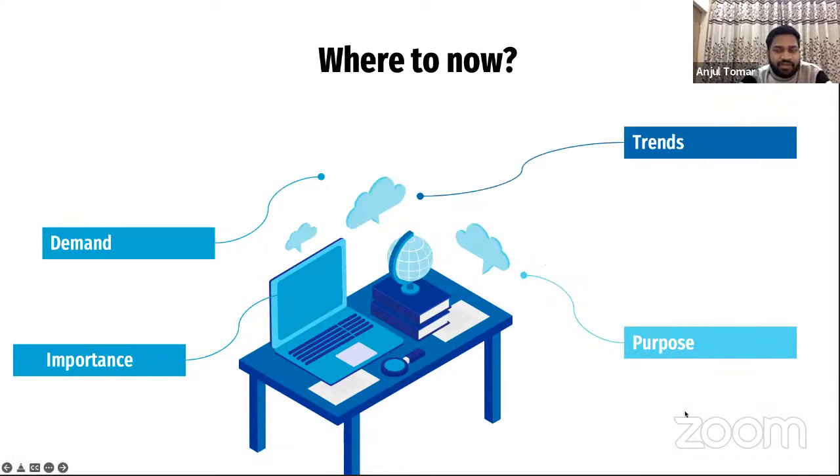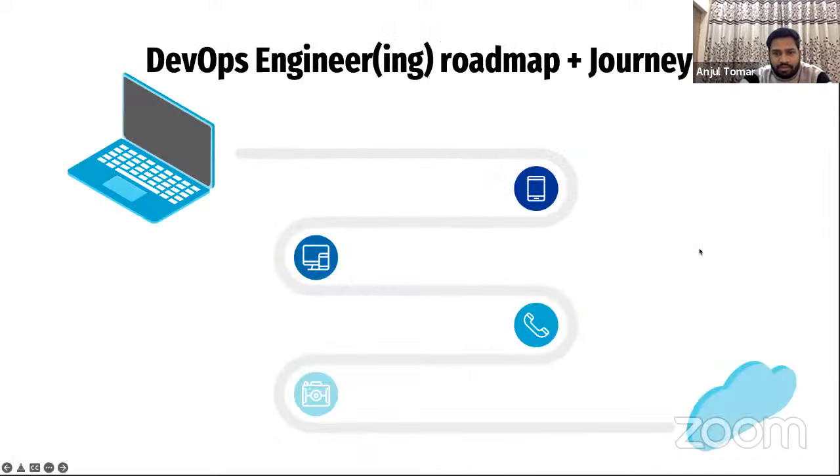So now we know why DevOps, why organizations need DevOps, what is the purpose of DevOps. Demand, importance, purpose. What should we do next? Let's begin. First of all, let's discuss the DevOps engineering roadmap.